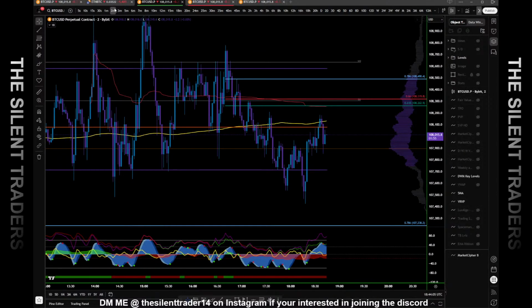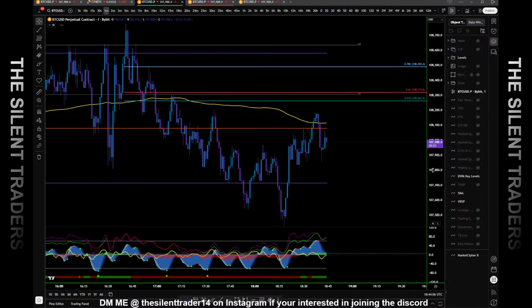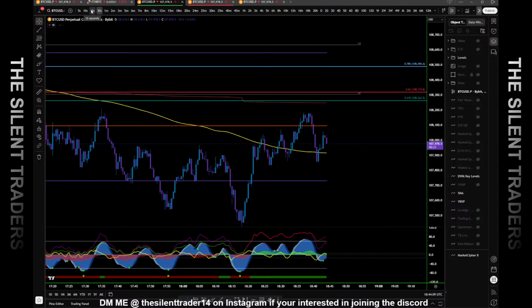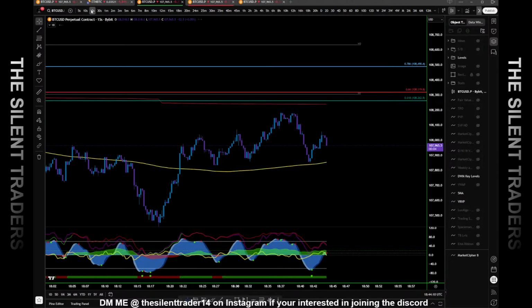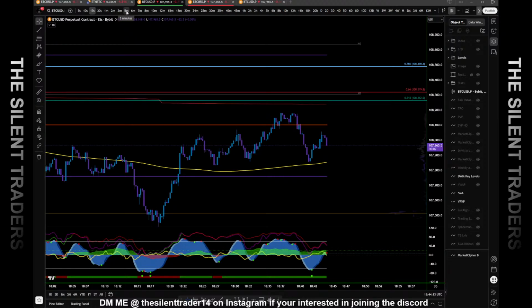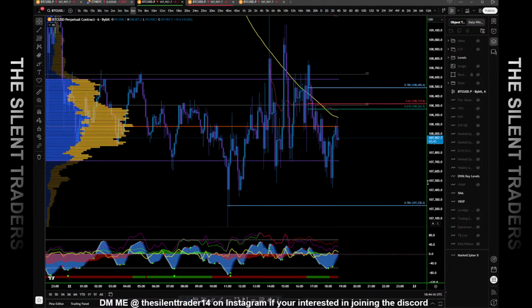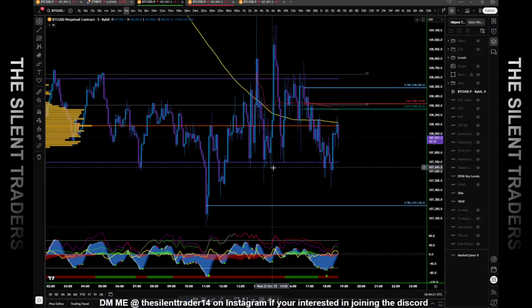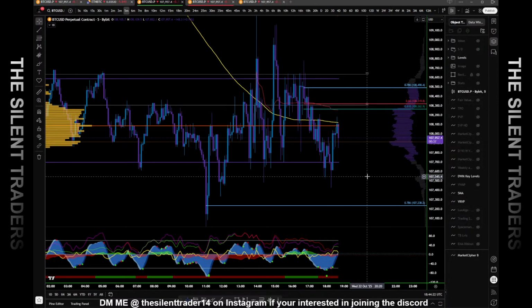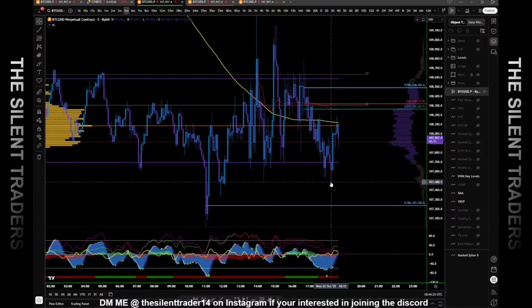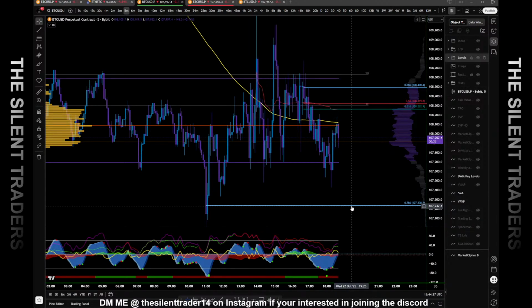Let's see, 2 minute, 1 minute. Okay, so the 6 minute is saying more downside. The 5 minute is just flipping green RSI, and money flow is kind of just back and forth on the 5 minute.